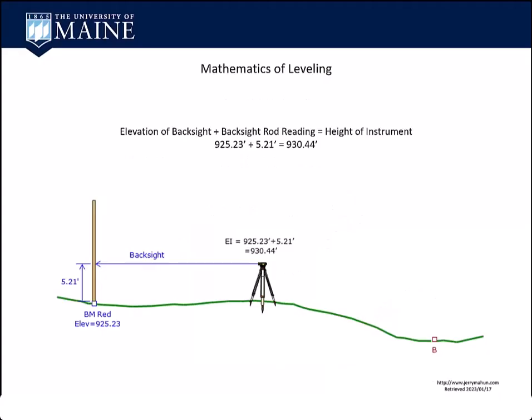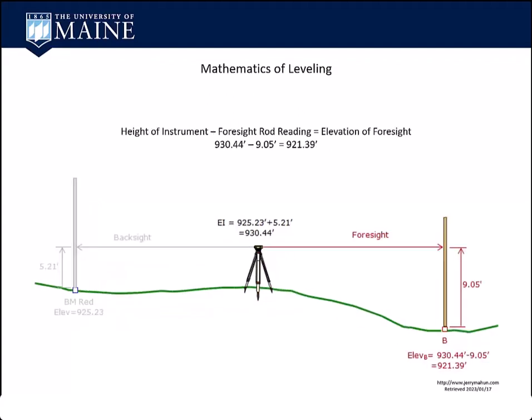So here we have a backsight of 5.21, elevation of 925.23 for our benchmark. So our HI is 930.44. To our foresight of 9.05, we subtract that from the elevation of our instrument, the HI, and we get 921.39.